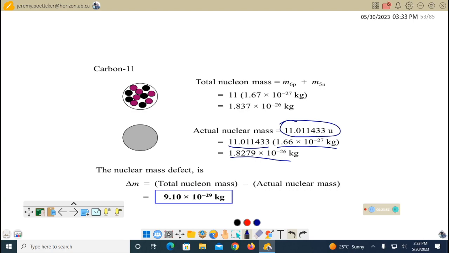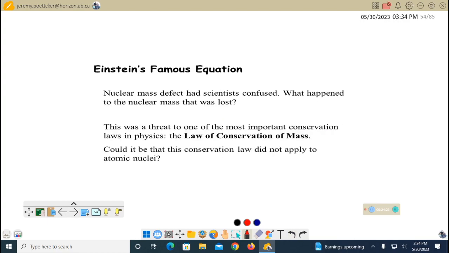And now we want to take this number, circle it in red, and subtract this number from it. Right, so delta M is equal to the total nucleon mass minus the actual nuclear mass. And we end up with a mass defect of 9.10 times 10 to the negative 29 kilograms.